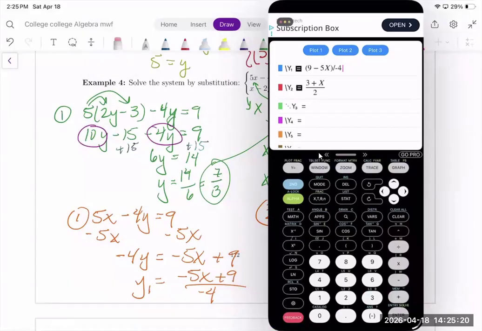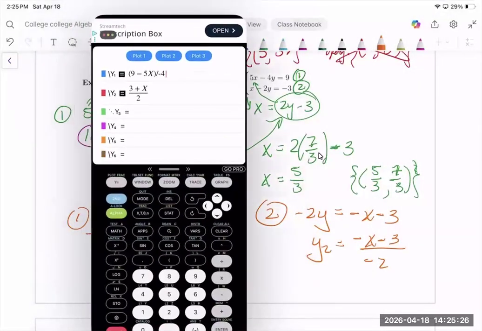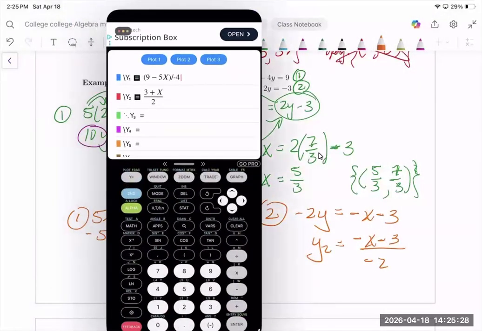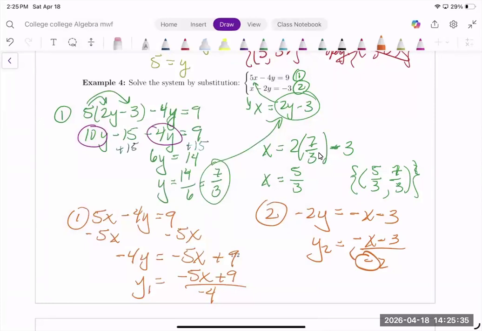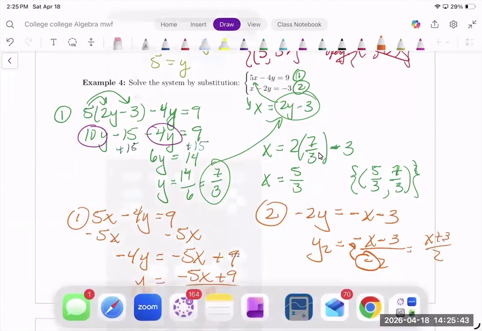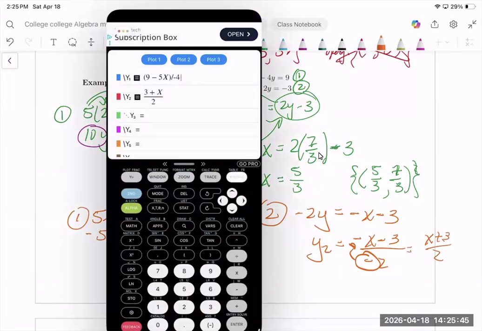So here, 9 minus 5x is the same thing as negative 5x plus 9 all over 4. Over here, I have 3 plus x all over 2, because that's the same thing as what we have. I just moved that negative up. So essentially, I just flipped all the signs. Same thing.